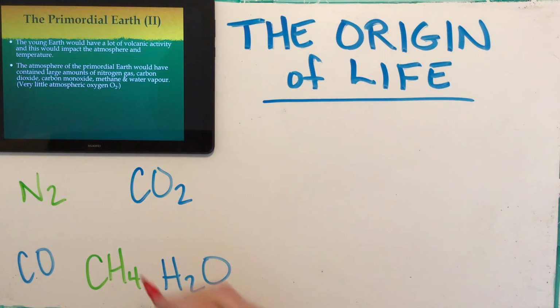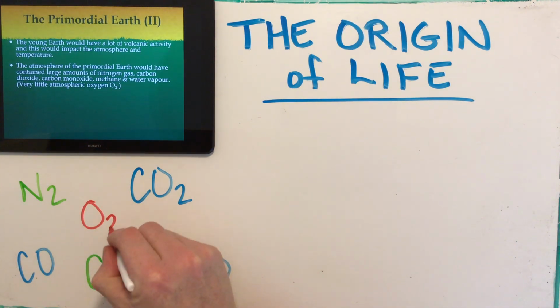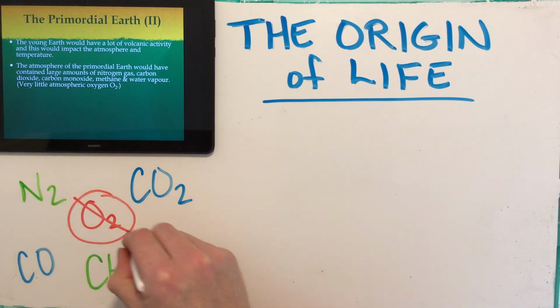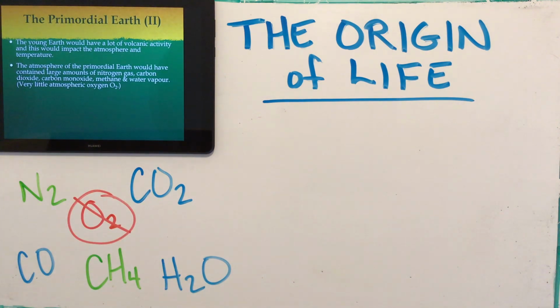Ironically, in this primordial Earth, there was very little atmospheric oxygen. So again, most of the stuff on the planet today are aerobic. They need oxygen to make their energy, their ATP. The primordial Earth was having none of that.